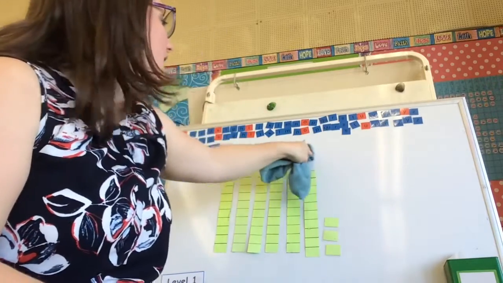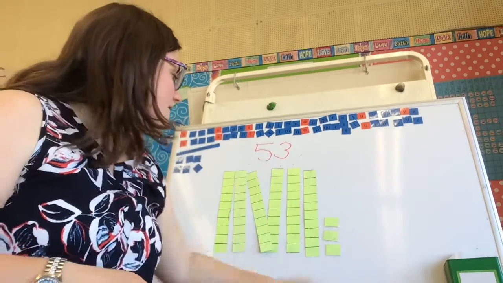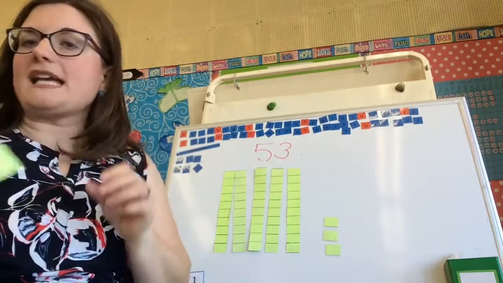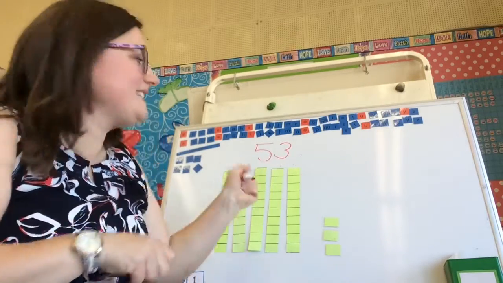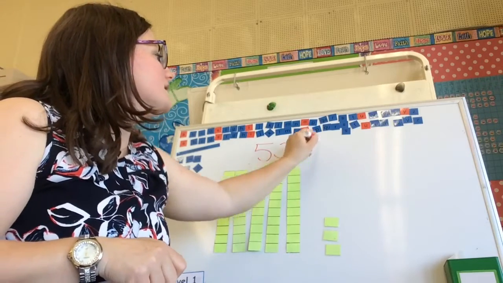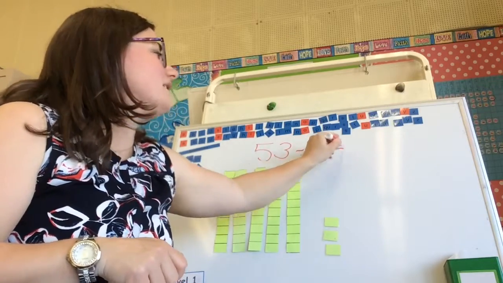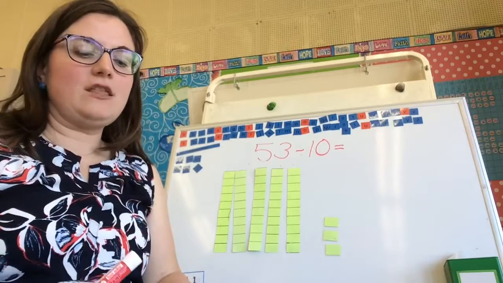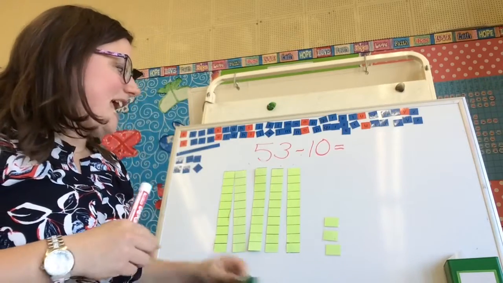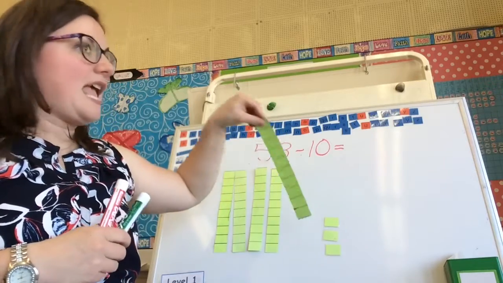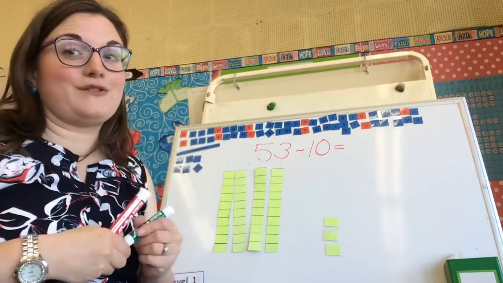Now we're going to go back to the number 53 again. So I'll take that 10 back that I added in. Okay, so I'm going to go back to 53. This time I want to take away 10. So if I have 53 and I want to take away a 10, how many 10s do I have left?